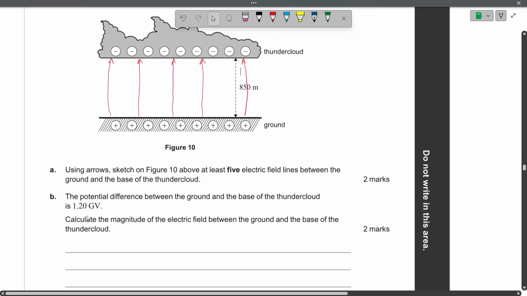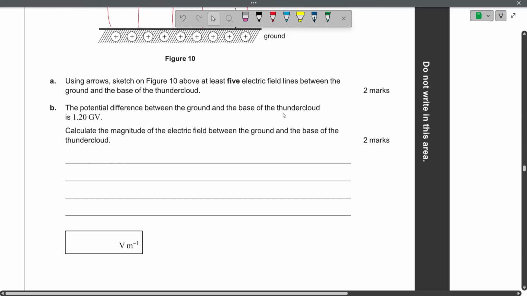Part B, the potential difference between the ground and the base of the thundercloud is 1.2 gigavolts. Calculate the magnitude of the electric field between the ground and the base of the thundercloud. If you don't know what to do here, it's sometimes handy to look at the units of the box you've been given. The electric field here is given as volts per meter.